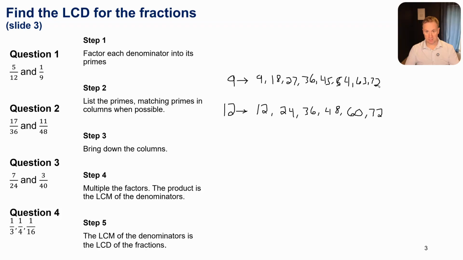So you can see some common multiples now that have popped up in these two lists, right? I see a 36 and a 36 that pops up, and I also see a 72 and a 72 that pops up. So both of these are multiples. Both of them, by the way, can be used as denominators, but the least common denominator for this is 36. Okay, so that is the listing method, totally reasonable to use as well.